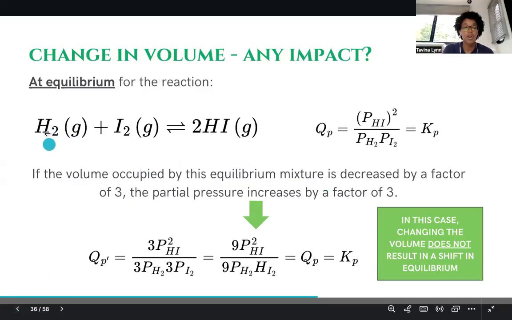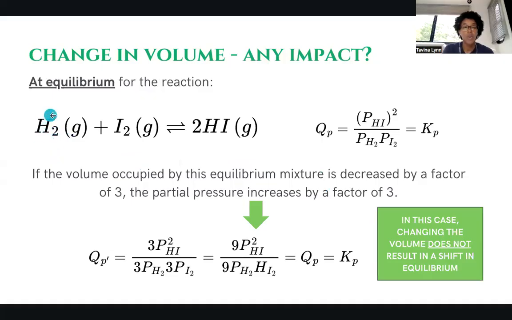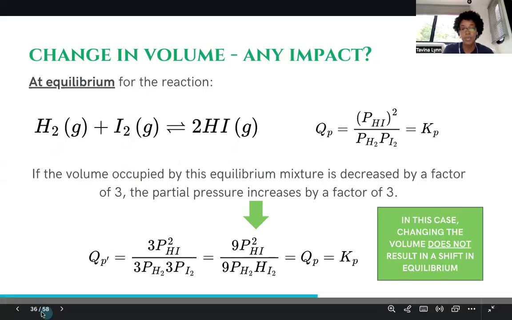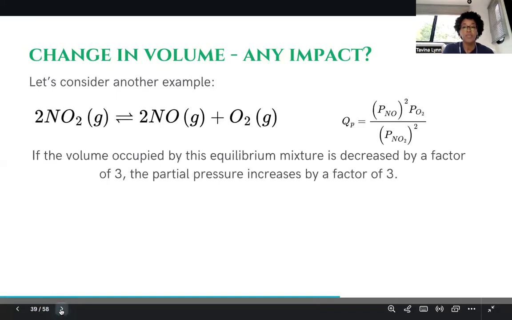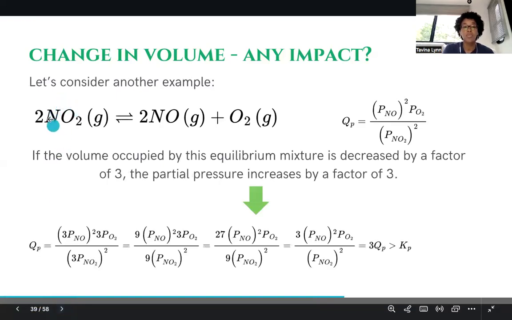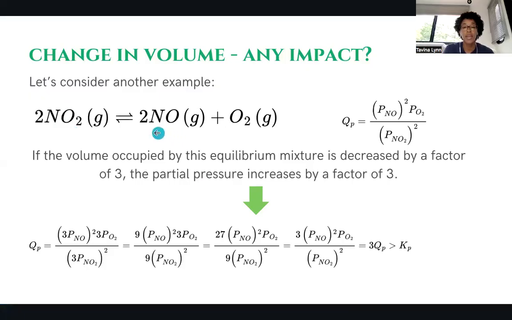So we had a coefficient of 1 for hydrogen, 1 for iodine. So total molar amounts for reactants was 2. Total molar amounts for products was also 2. Now for the other example, we had total molar amount of reactants of 2 and total molar amounts of our products was 3, 2 for NO plus 1 for oxygen gas, 3.